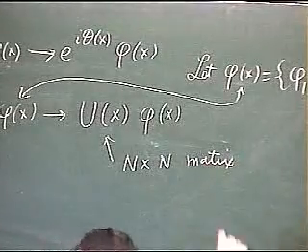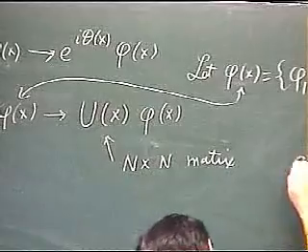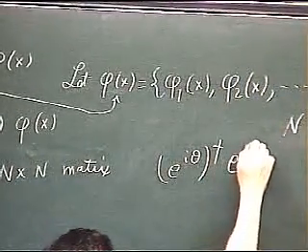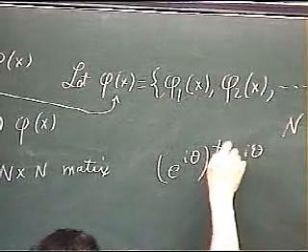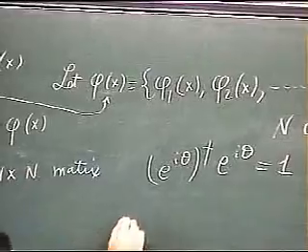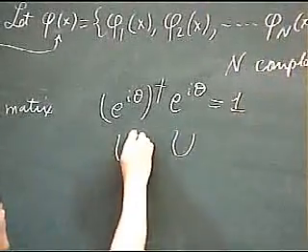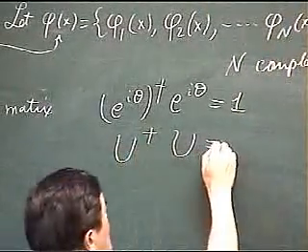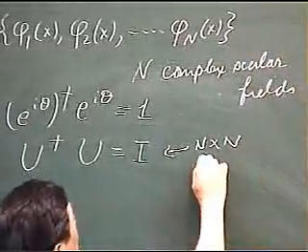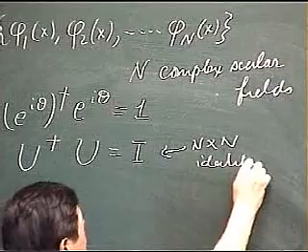But just like e to the i theta has the property that if I take the complex conjugate, Hermitian conjugate, I'll just write Hermitian conjugate here, this is equal to 1. This matrix U has the property that U times U dagger is also equal to the n by n identity matrix.